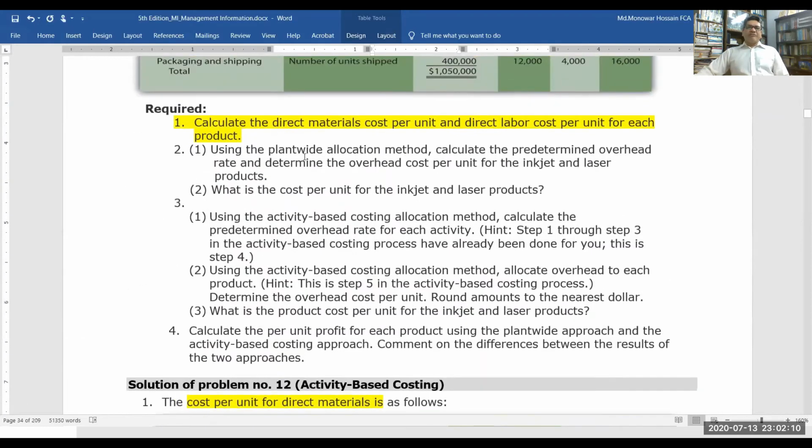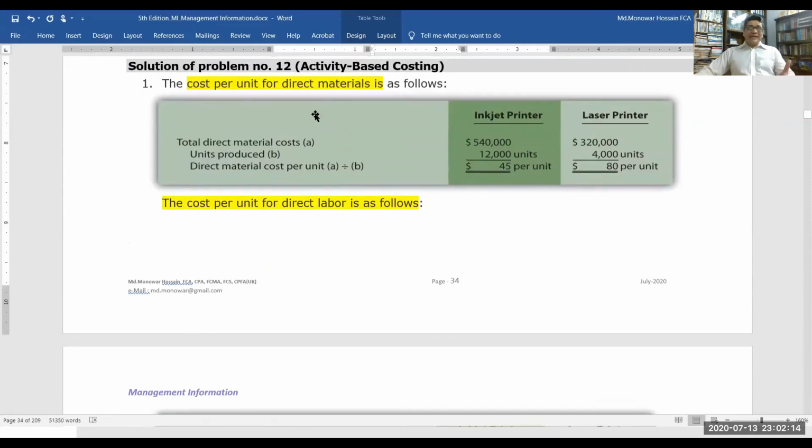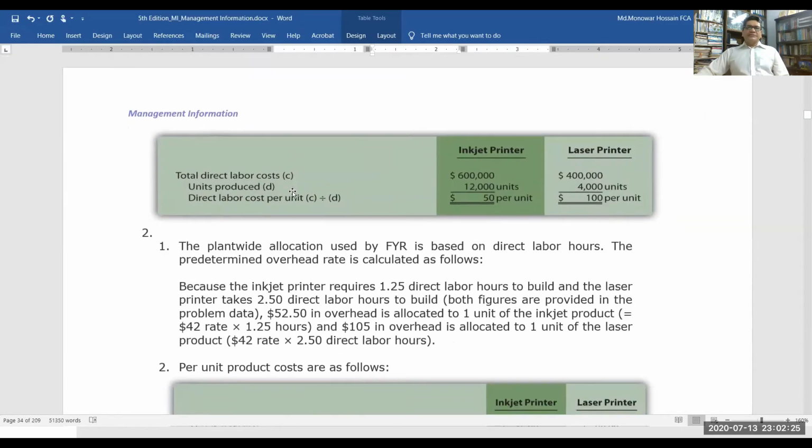So as per requirement 1, we have calculated the direct material cost per unit of $45 for the inkjet printer and $80 for the laser printer, and direct labor cost of $50 per unit for the inkjet printer and $100 per unit for the laser printer.